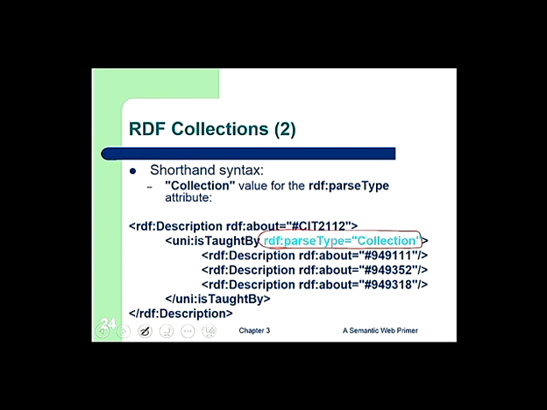Once I have mentioned this group of items as collection, it means now this list is closed. Let's say this course CIT 2112, it can be taught by either this lecturer or this lecturer or this lecturer, and that's it. Nobody else can teach the course. So if you want to close the list, we can use collection as RDF parse type.